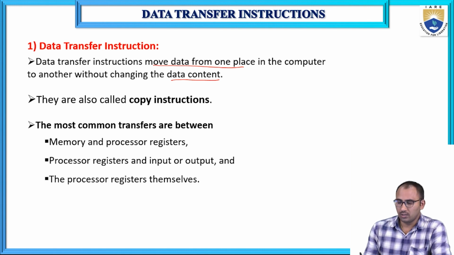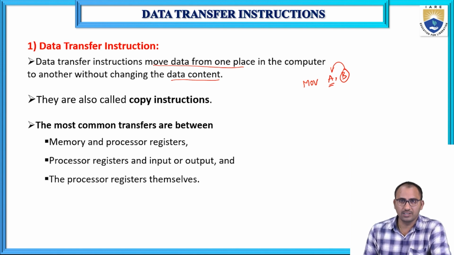Suppose you have an instruction MOVE A, B. Here we are copying the data from register B to the register A. We are not modifying the contents of the register, just copying the data from one place to another place. That is called data transfer instructions.